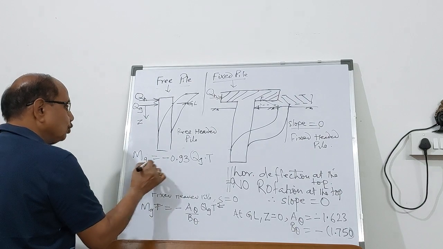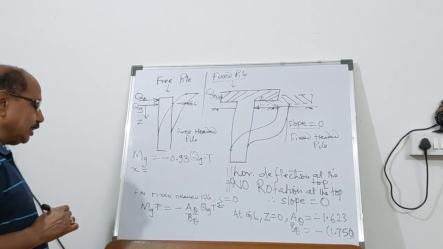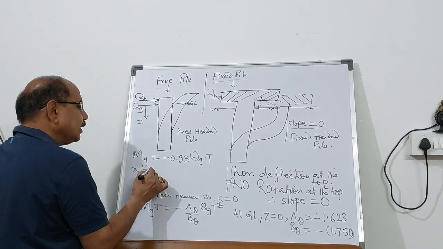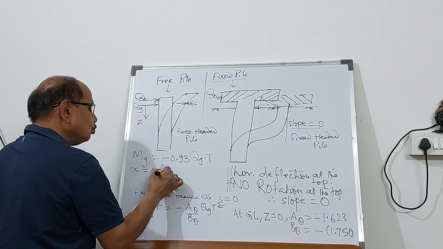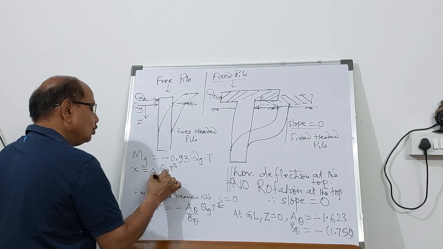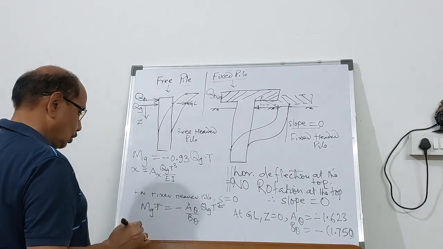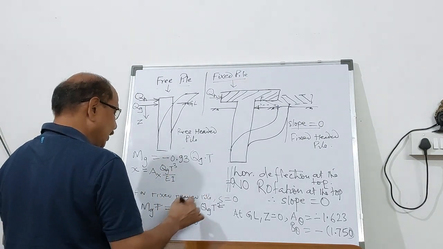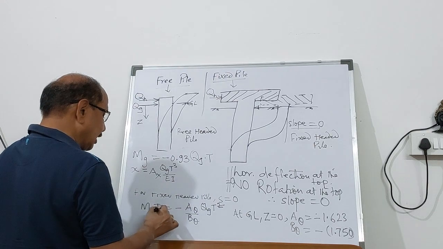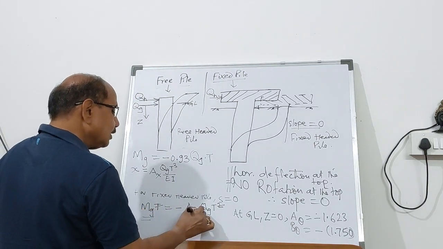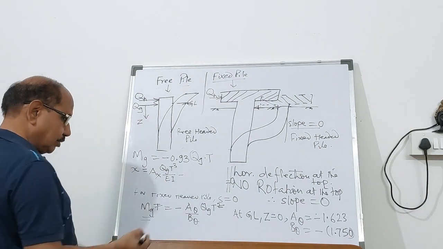So for a fixed-headed pile, if you want to find out the deflection, the general equation you know: there will be a deflection coefficient Ax Qg T cubed upon EI. Now there is going to be Bx into Mg into T square. Now Mg is here, so the minus sign will come when you substitute it.